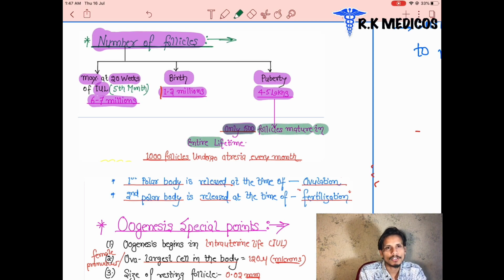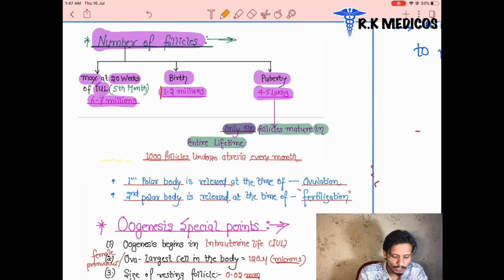A reproductive female has the capability to be fertile and produce a child. So at this stage, only 500 mature follicles get degenerated due to the reproductive age. Every month, one follicle is released from the ovary.